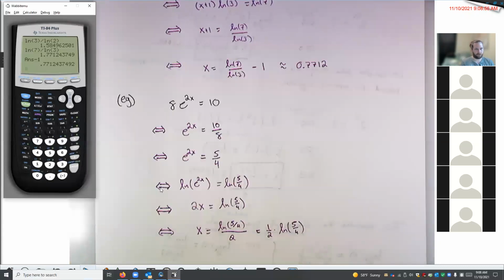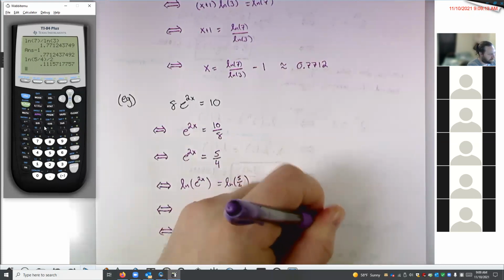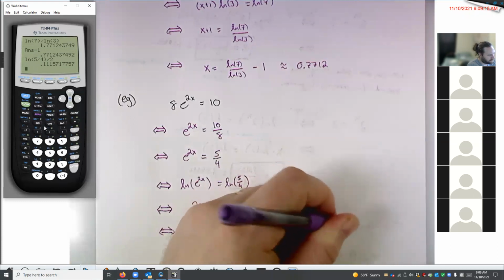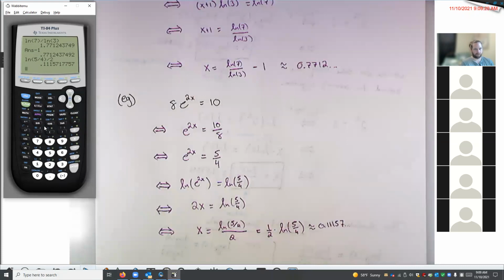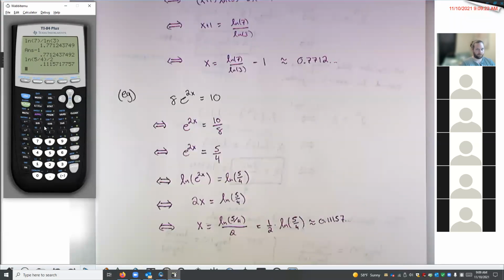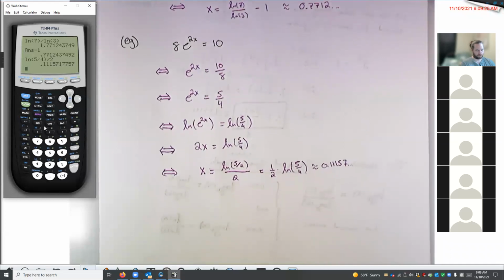And for your decimal approximation, making sure you close the parentheses before dividing by 2 is very important, it is 0.11157. Questions on the second guy?